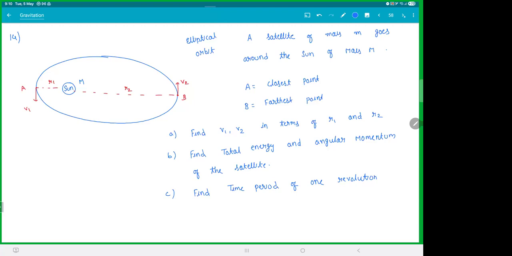Okay, Shaurya, that looks right. Get the time period also.